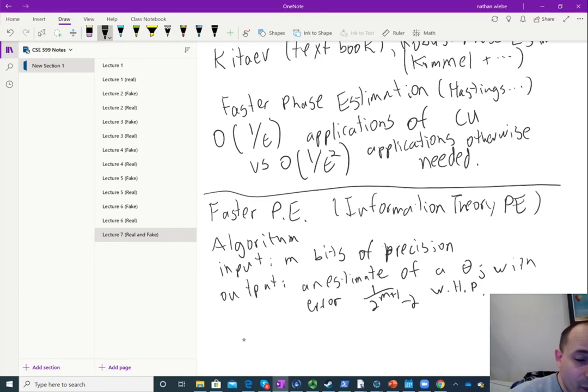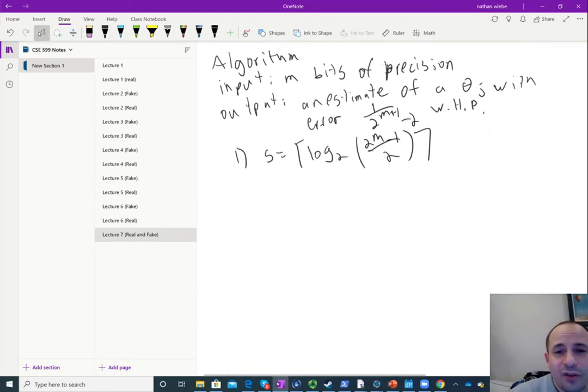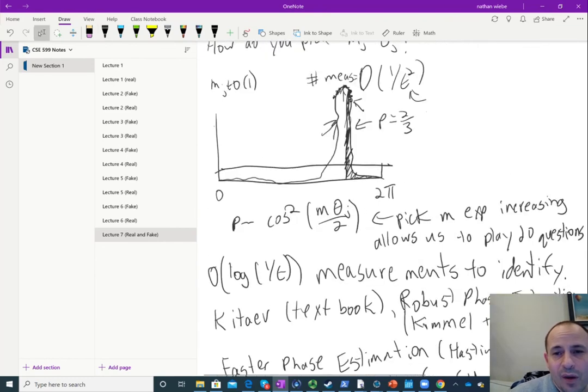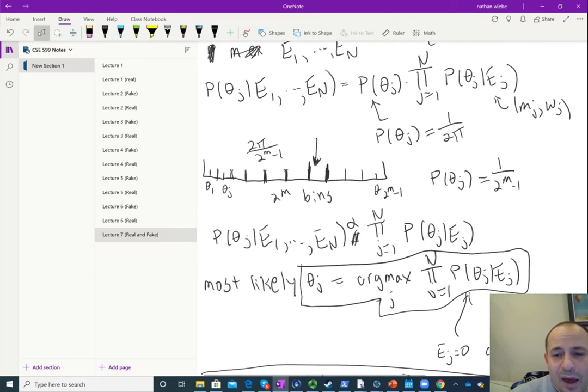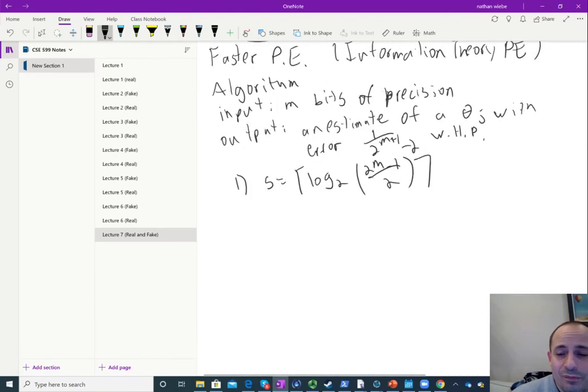And the algorithm goes like this. 1, let s equal the ceiling of log base 2 of 2 to the m minus 1 over 2, where s is the number of samples that we're going to take. So this is the number of measurements. If we go back, this over here is what they call s.